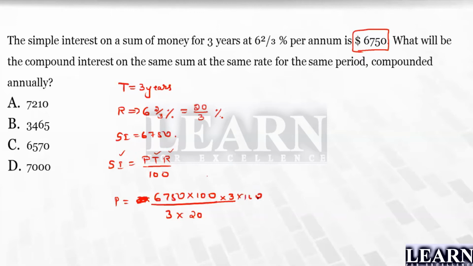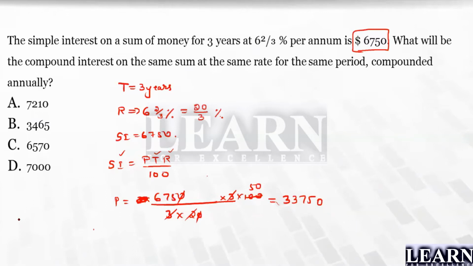What is the principal amount you have got? 3 gets cancelled, 0 gets cancelled, and 2 1 times, 250 times. So it is 5,000 into 675. So 675 into 5 gives 3,375. This is the number. 33,750 is the answer.